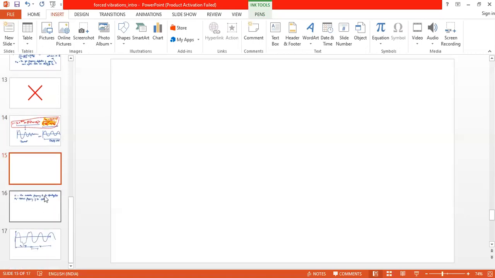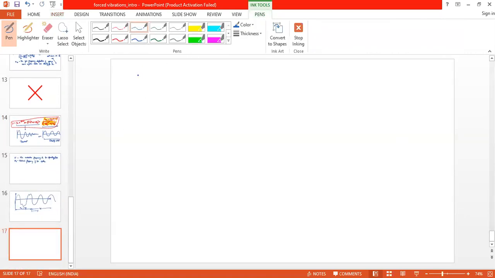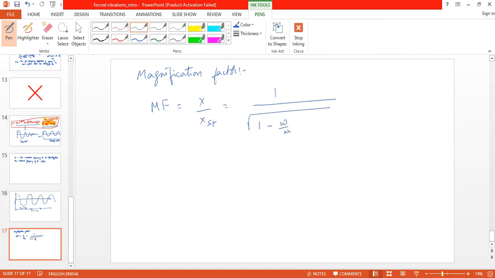The magnification factor is the ratio of X and x_st, represented by X by x_st, that is equal to 1 by root of [1 minus (omega by omega n) whole square] whole square plus [2 zeta omega by omega n] whole square.